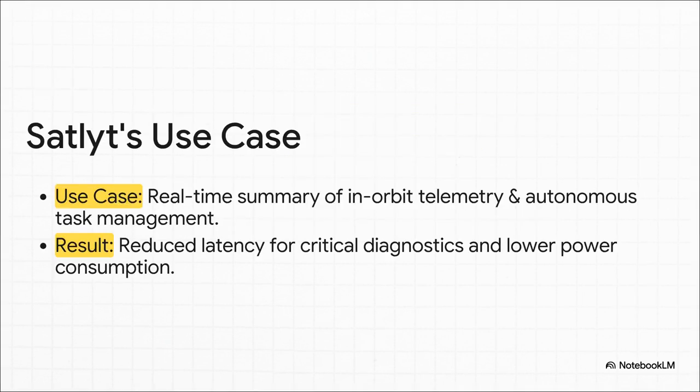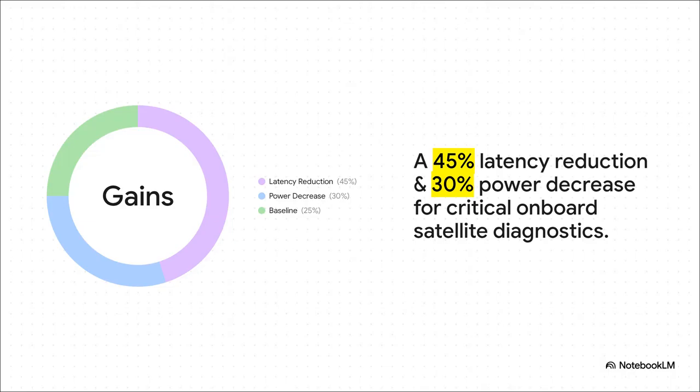They're using Flash-Lite for things like real-time onboard diagnostics and figuring out communications between satellites. Tasks that absolutely have to be fast and super efficient. And the results they got are staggering. A 45% cut in latency and a 30% drop in power use. I mean, when you're in orbit, every single millisecond and every single watt of power is critical. Those are absolutely massive gains.